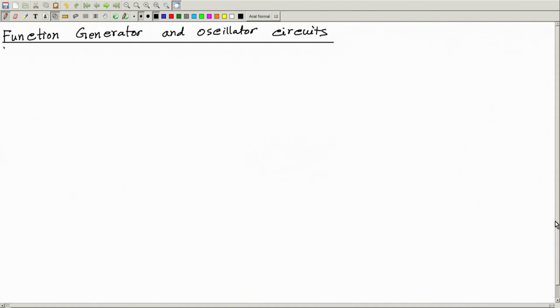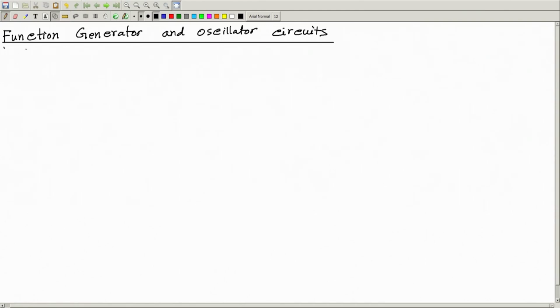Other than just ammeter, voltmeter, multimeter, the most important equipment in a measurement lab or instrumentation lab is possibly the function generator and oscilloscope. I guess these are the two things that we should look into before we finish this course. So this week we shall study the function generator.